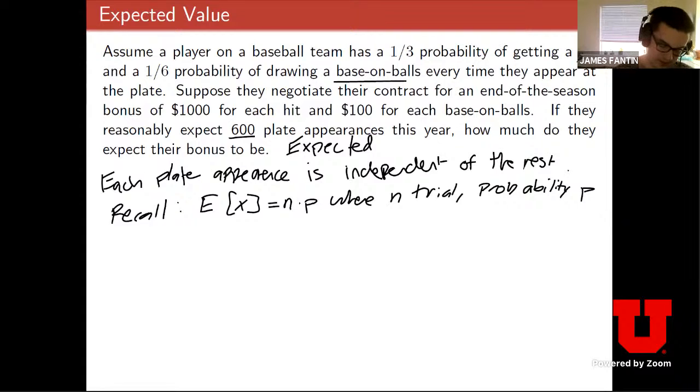We can only do this because each plate appearance is independent of the rest. So let's let h be a random variable for the number of hits.